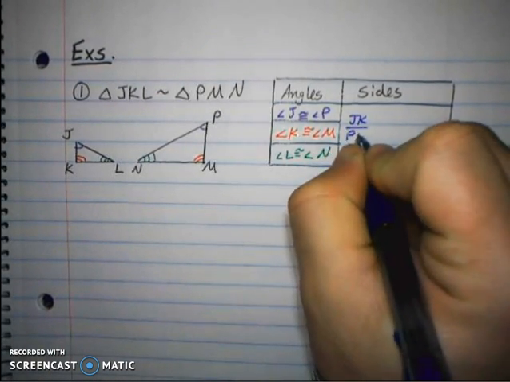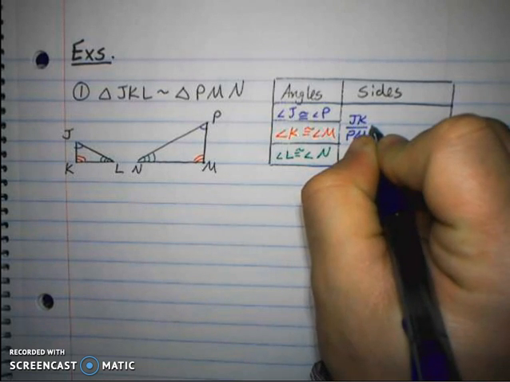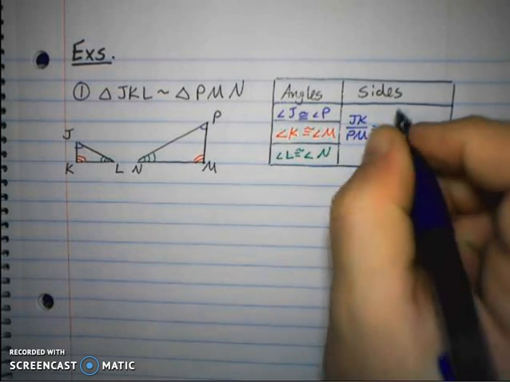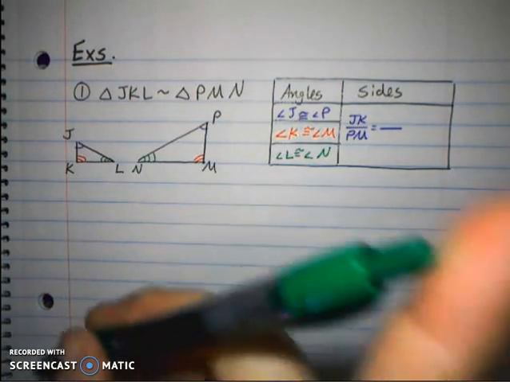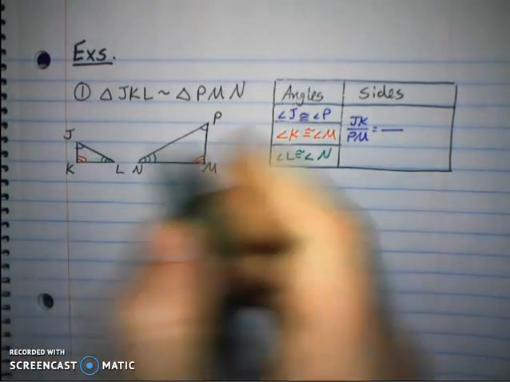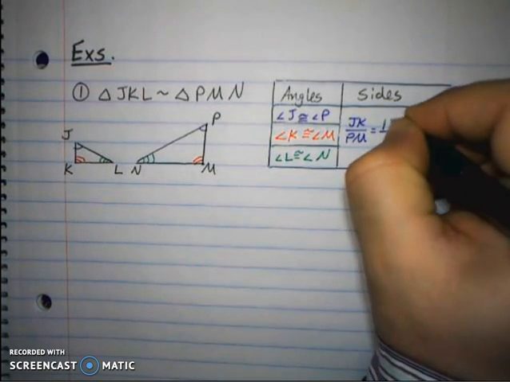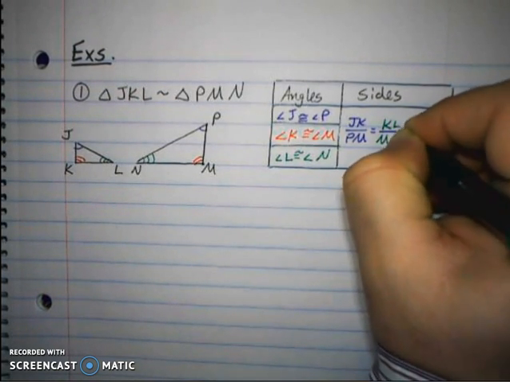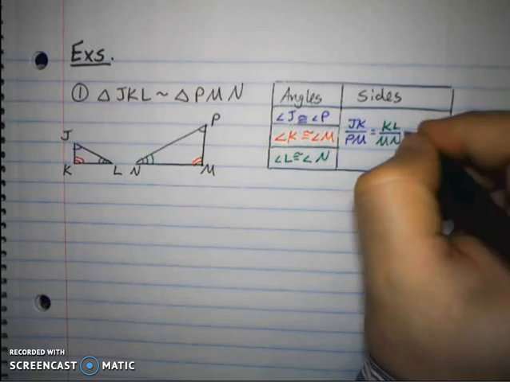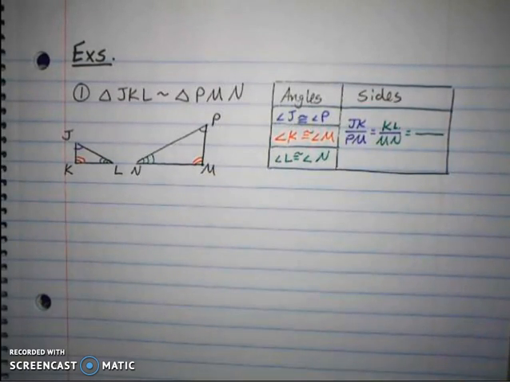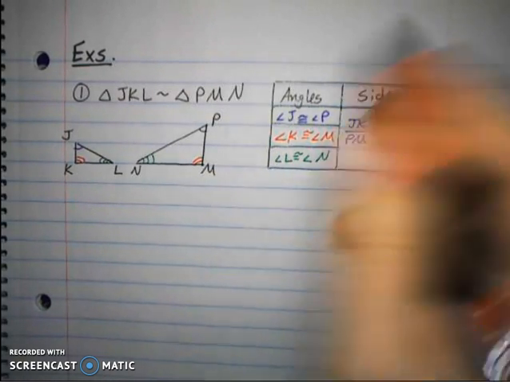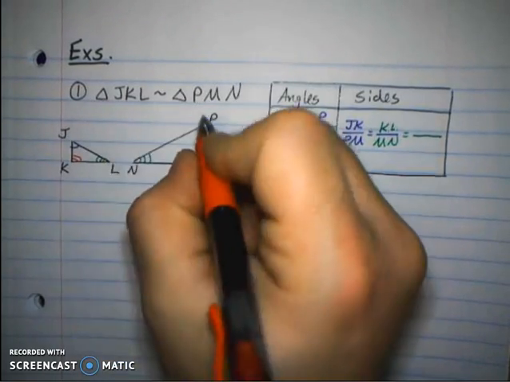That ratio of JK over PM has to be the same as the ratio of KL over MN, which must be the same as JL over PN.